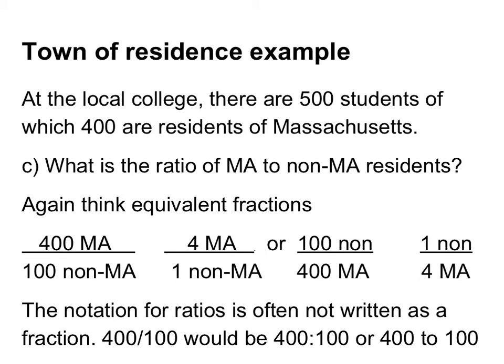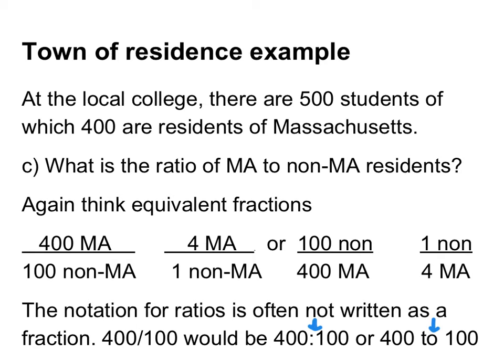Now, the notation for ratios is often not written as a fraction, okay? It is often written with this colon, okay? So 400 divided by 100, or 400 hundredths, we would rewrite as 400 colon 100. Or we might just use the word to.